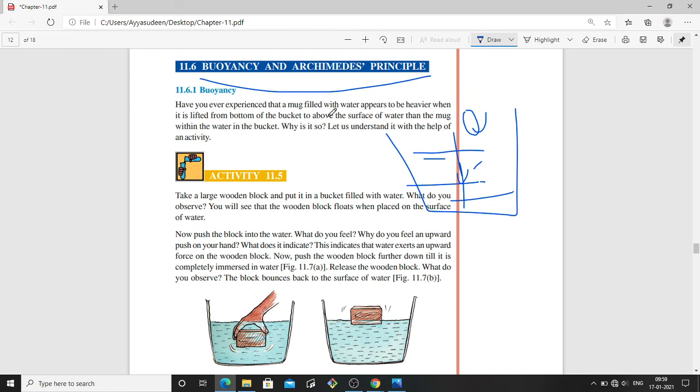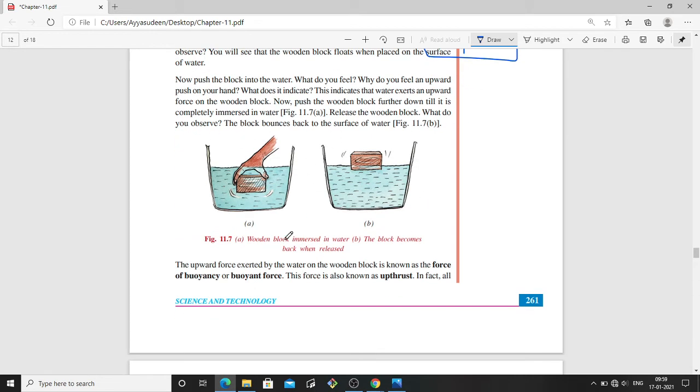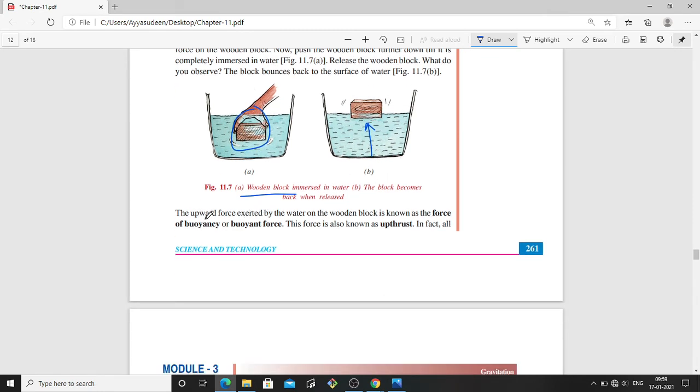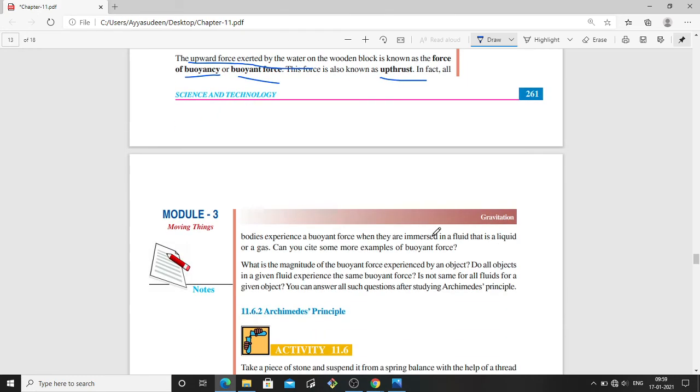This is what is called buoyancy. They give an example: take a wooden block and immerse it in the water, and once you leave it, there is a force that pushes this wooden block upwards. This upward force exerted by the water on the wooden block is known as the force of buoyancy or buoyant force. This force is also known as upthrust.